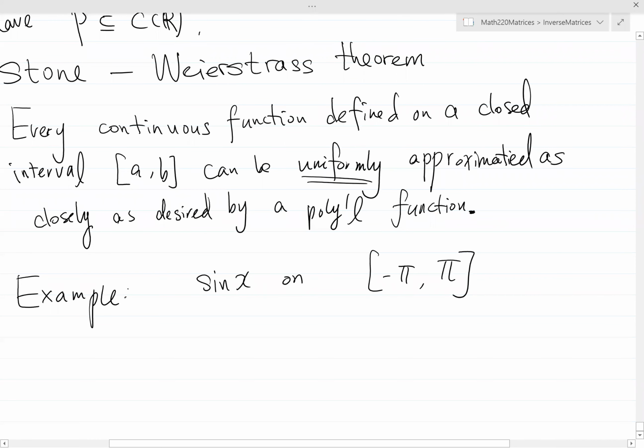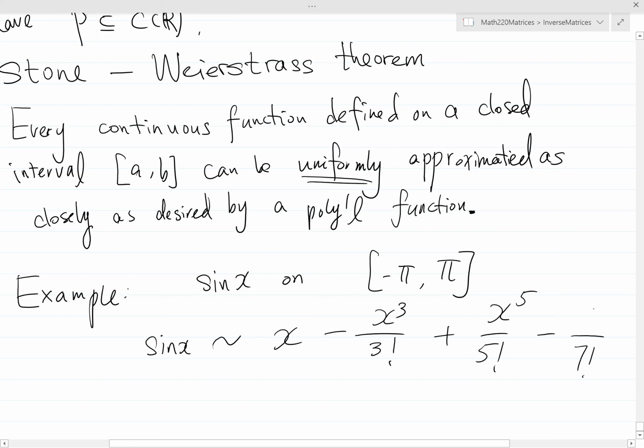Now we just use the Taylor polynomial at 0, so we get the Maclaurin polynomial for sine x. The first term is x, the next term is minus x cubed over 3 factorial, plus x to the 5 over 5 factorial, minus x to the 7 over 7 factorial, etc.